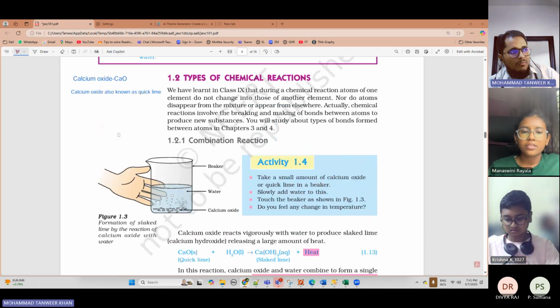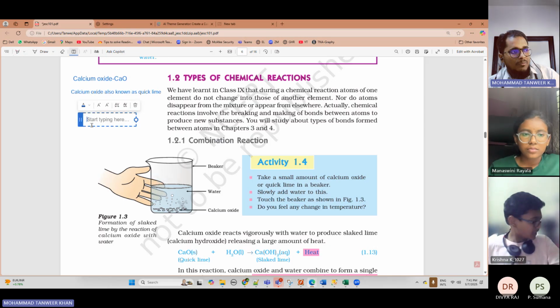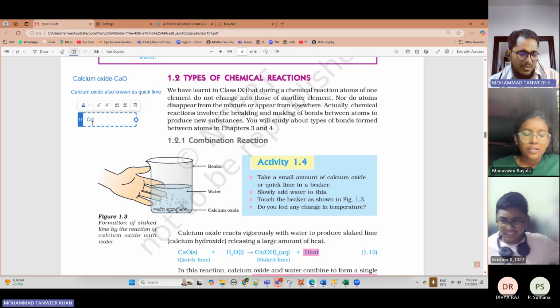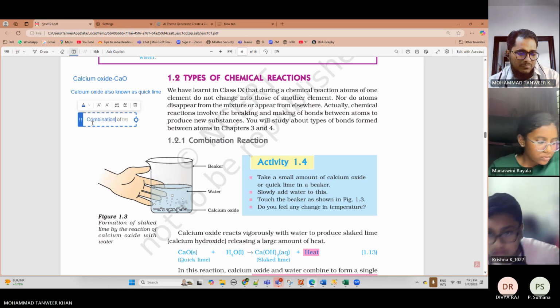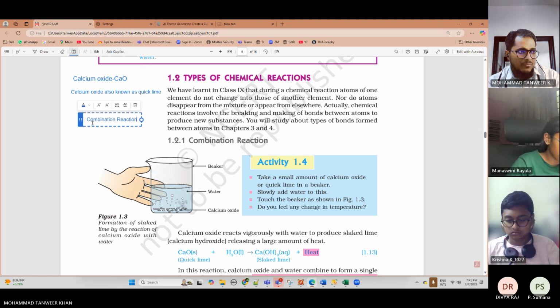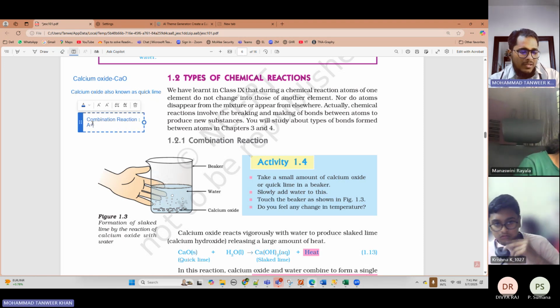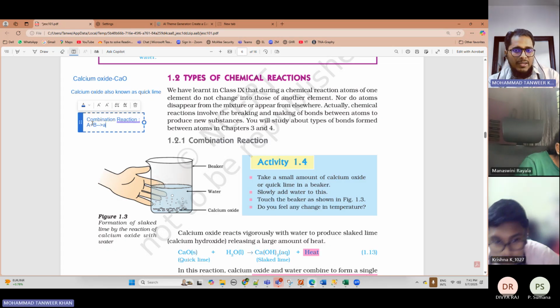Now, in the simple form, if I have to explain what a combination reaction is, if I have A plus B, this will give AB. This is known as a combination reaction.